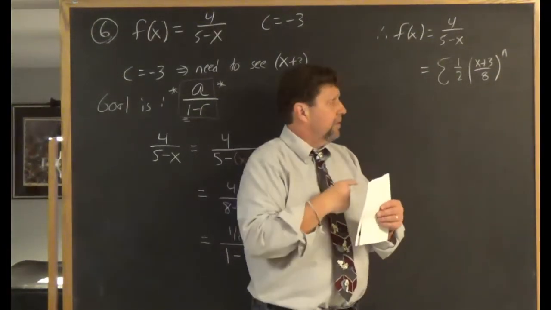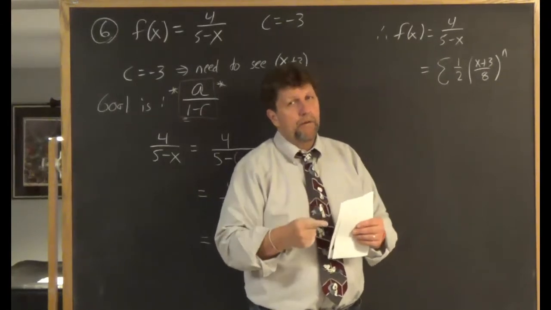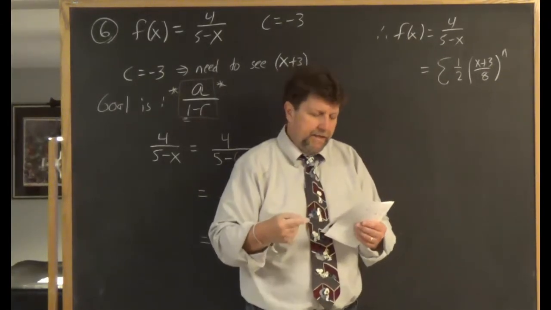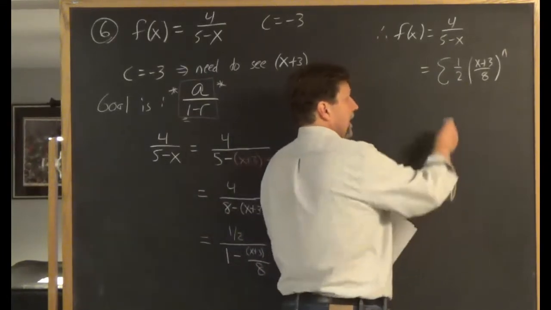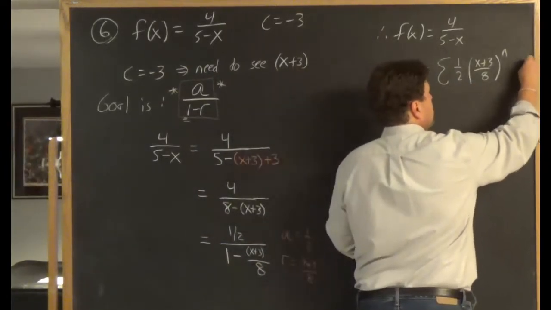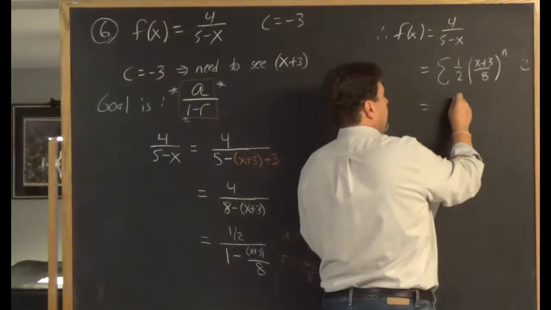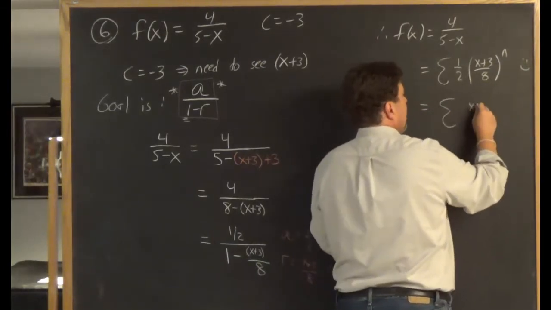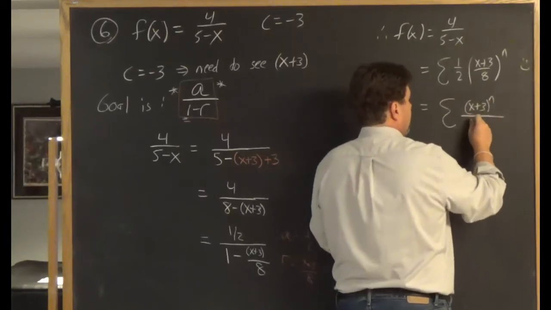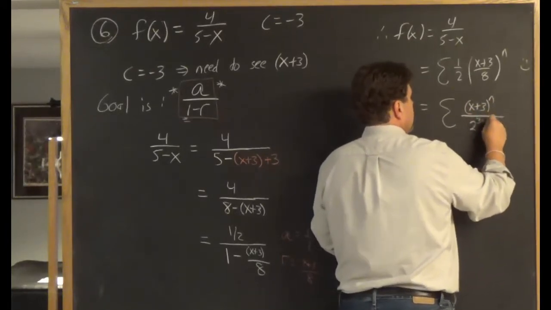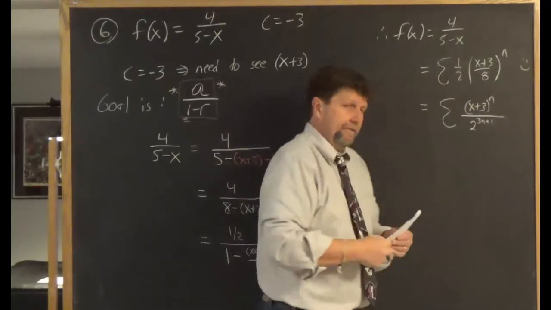Now there are many ways to rewrite this. I'm just going to write down one more way to rewrite it. I'm happy with this. But I could write this whole thing as x plus 3 to the n over 2 to the 3n plus 1.